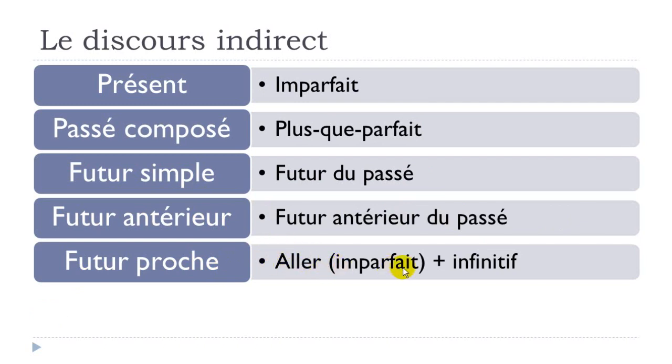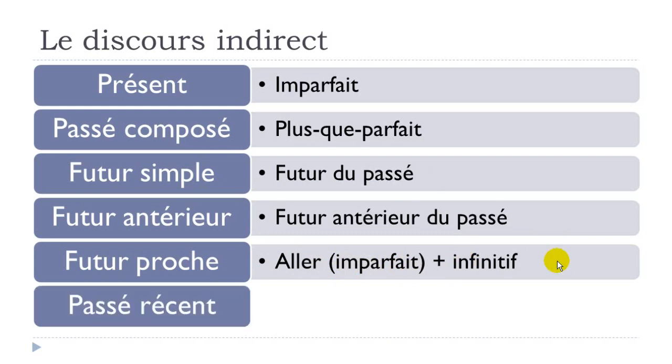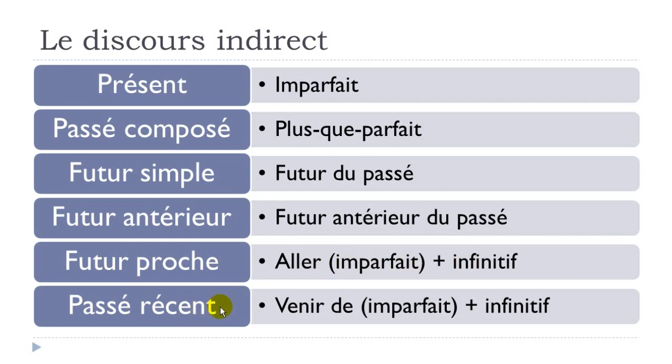You should put this verb at the imparfait, and then the rest of the structure. If you've got the passé récent, then the only thing, like we had for the futur proche, that you will have to modify is the verb venir, and you should put that at the imparfait form. Then don't forget the preposition de and your infinitive after.